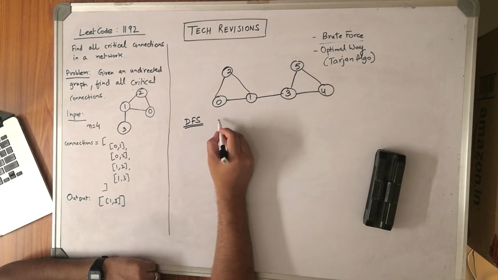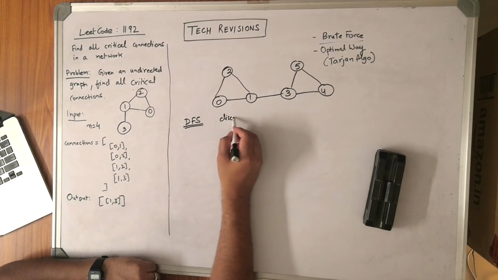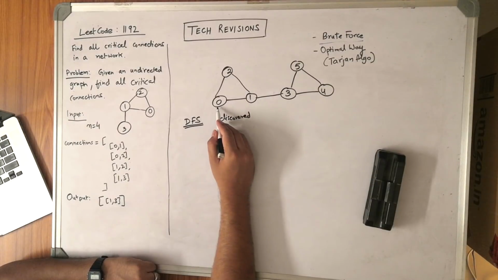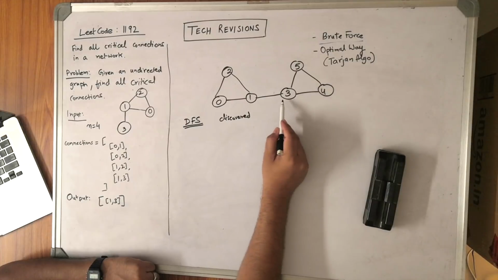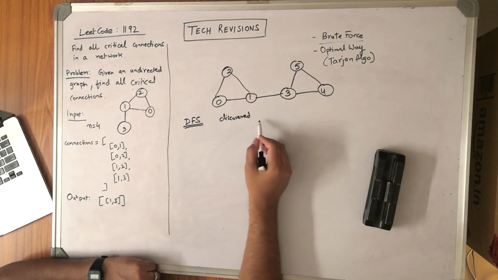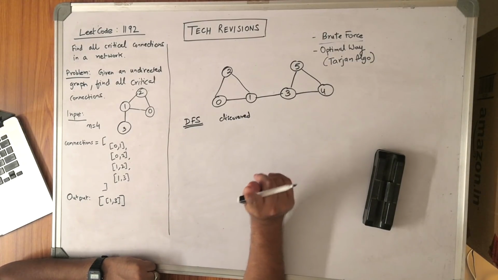In DFS, nodes are discovered. You start with node 0, then you discover node 1, and then you discover node 2, then you come back, then you don't discover node 3, and so on. So nodes are discovered. That is one thing to know.